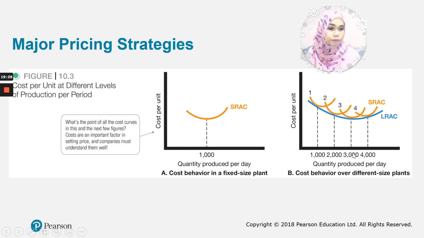So it is best in the long run that the company perhaps invests in a bigger plant, meaning the factory, when you want to produce things. Produce in bigger plants or bigger factories so that they can achieve this lower cost per unit in the long run.